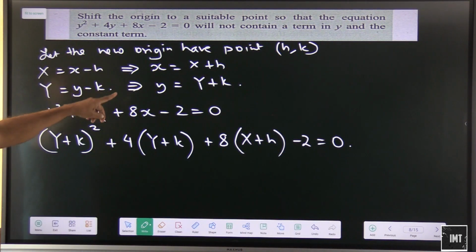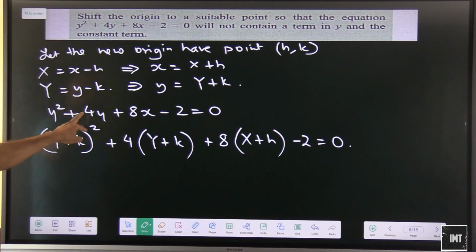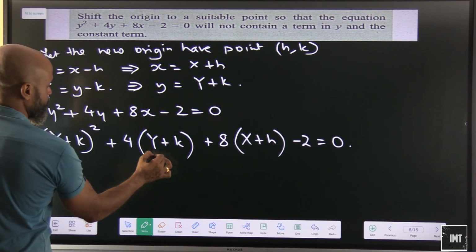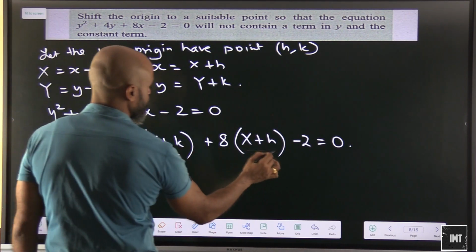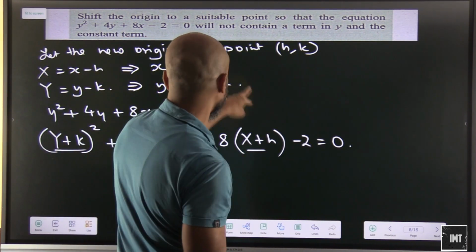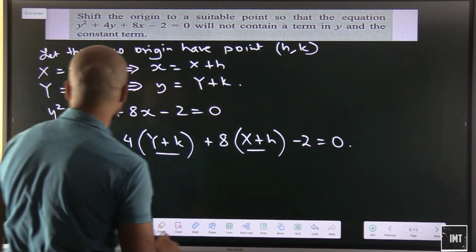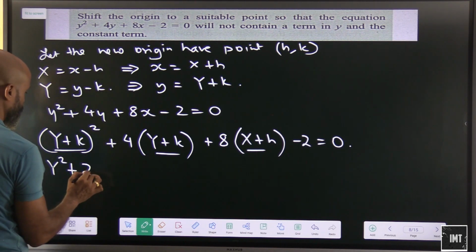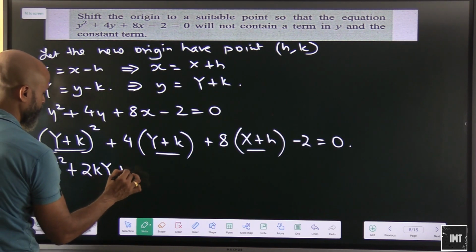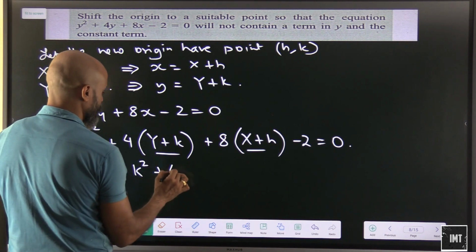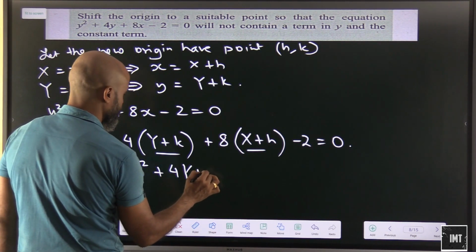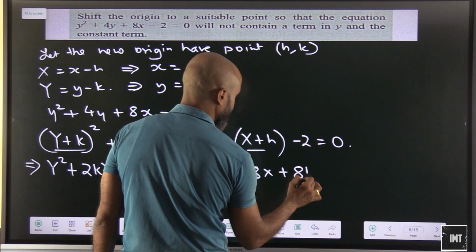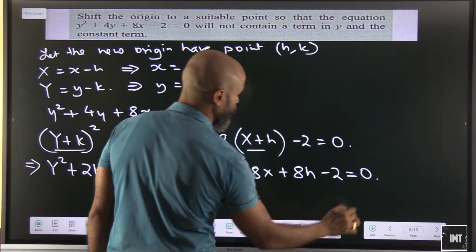So this will be Y plus k square plus 4 into Y plus k, plus 8 into X plus h, minus 2 is equal to 0. Rearranging here, we will get Y square plus 2kY plus k square plus 4Y plus 4k plus 8X plus 8h minus 2 is equal to 0.